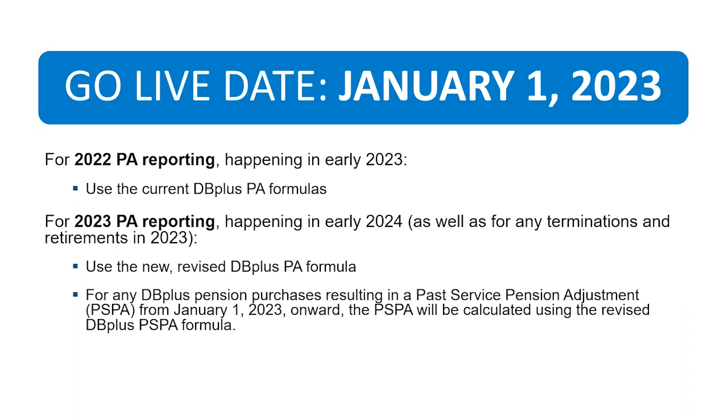This also means that for any DBplus pension purchases resulting in a past service pension adjustment, or PSPA, from January 1st, 2023 onward, the PSPA will be calculated using the revised DBplus PSPA formula.